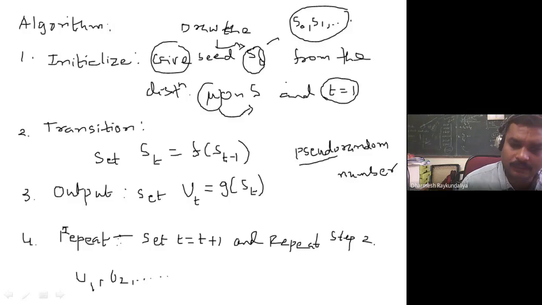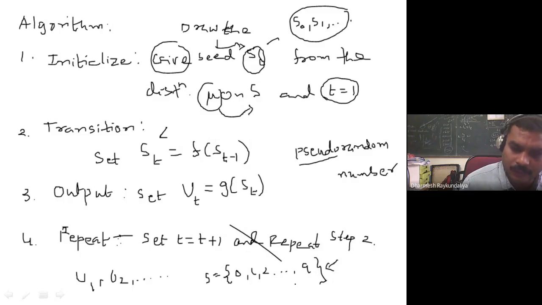Suppose it is given that S takes the values 0, 1, 2 up to 9. So how many elements are there? 0 to 9. You can draw any one as a random seed. Here you take the random seed s t, first t equal to 1, and whatever initial value you have given, say 0, you supply this function and you will get another value of s, but that value also lies between 0 to 9.